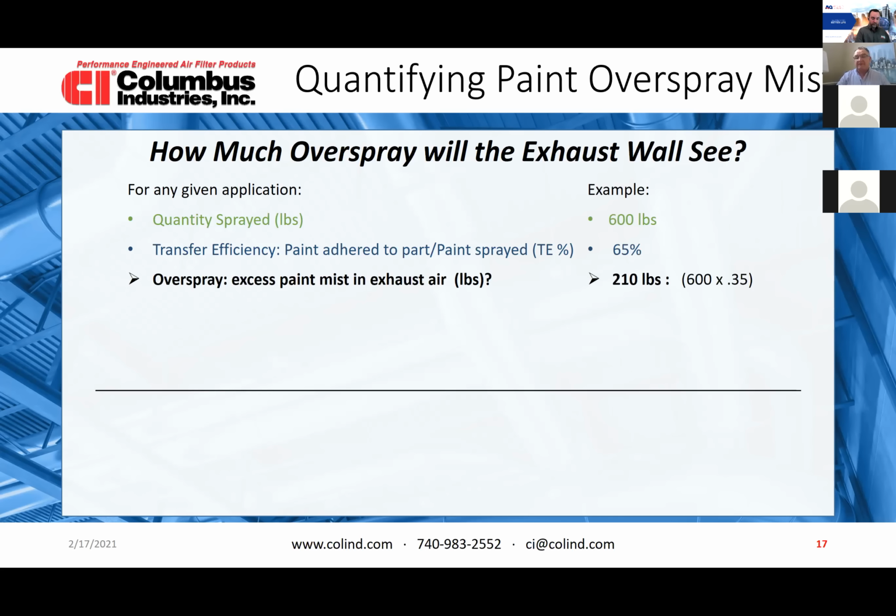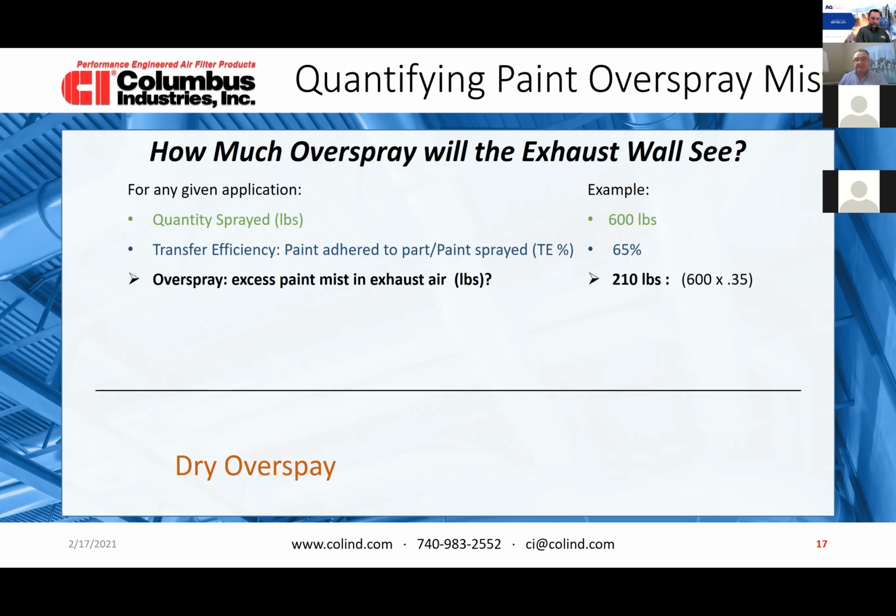Take an example of 600 pounds of spraying, whether it's a day, a week, or 3 shifts, and 65% transfer efficiency. Every time I spray 100 pounds, 65 pounds are going to be on the part, so 35 pounds are going to be in the air. To calculate my overspray estimate, it is 600 times (1 minus 65%), which is 210 pounds.